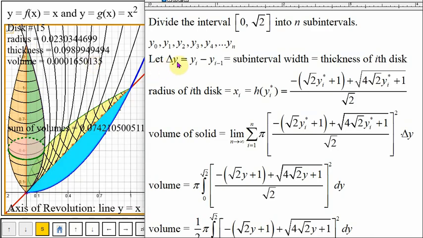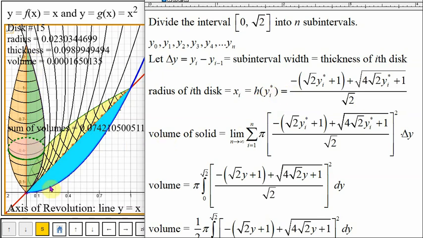And now let delta y be the thickness of the ith disk, or the subinterval disk width. And so the radius of this ith disk will be the distance from the y-axis to the graph. This is the graph of h of y.